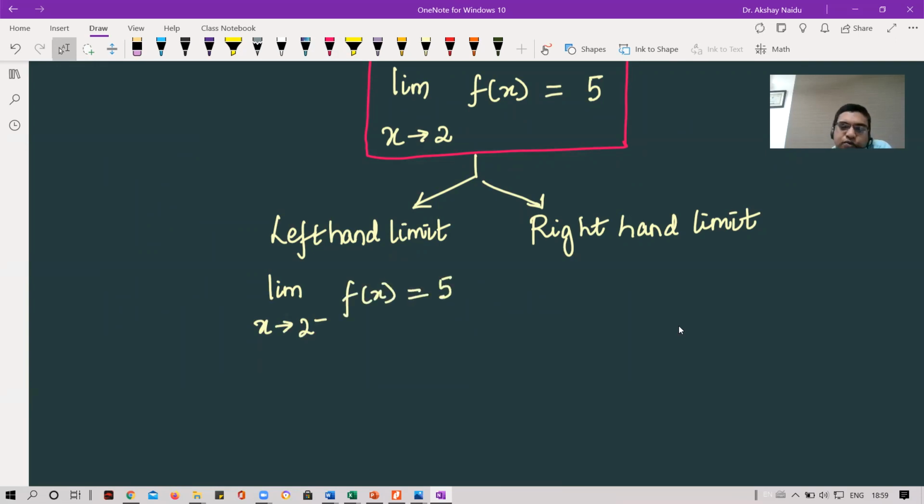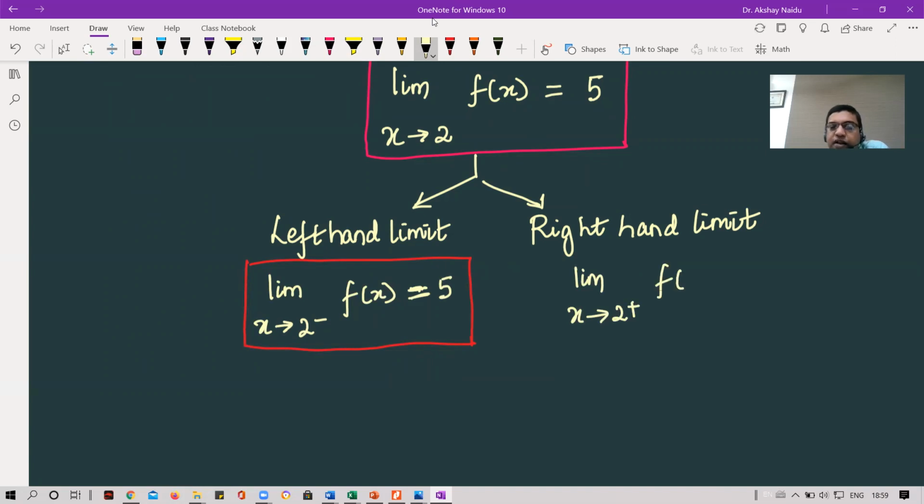In this case it is equal to 5 only. You don't put plus or minus on the limit reached. Only we want how we are approaching, either from the left of x equal to 2 or right of x equal to 2, and what value the function is attaining. We don't so much worry about whether it is lesser than 5 or greater than 5. When you say right hand limit, x tends to 2 plus, x is tending to 2 from the right, which is equal to 5.